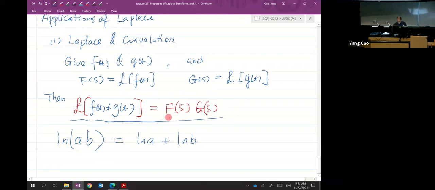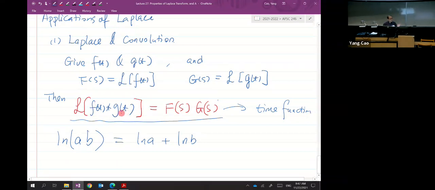After we get the result of the multiplication, of course, we have to convert it back to the time function. So you have one more step to go, but you no longer need any integral operation, like what's originally involved here. That's called a change of perspective.